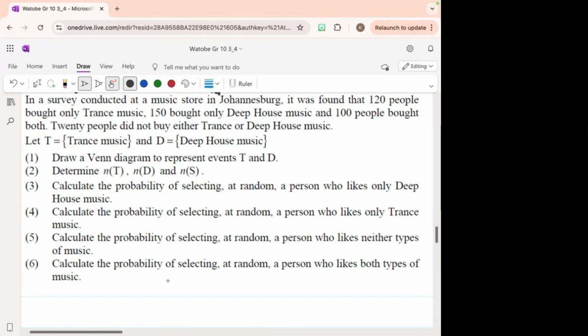Right, I'm giving you 2 minutes to go have a look at a Venn diagram. How many events do I have? I have 2. So it's a nice Venn diagram, this one.